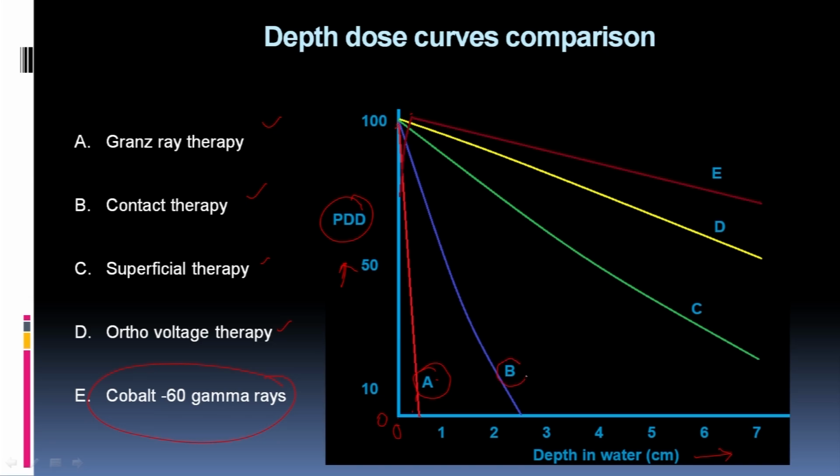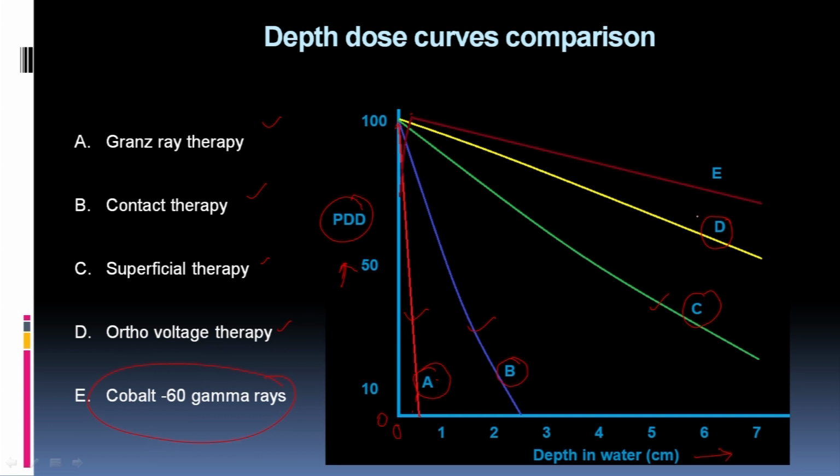Now B is the contact therapy, where you can see the 100% dose is reduced up to 2 to 3 centimeters. This blue one is the curve for contact therapy, and the red one is the curve for Grenz ray therapy. Now superficial therapy is C, and we define this curve in green color. You can see its dose falloff is lesser than A and B, meaning Grenz ray and contact therapy.